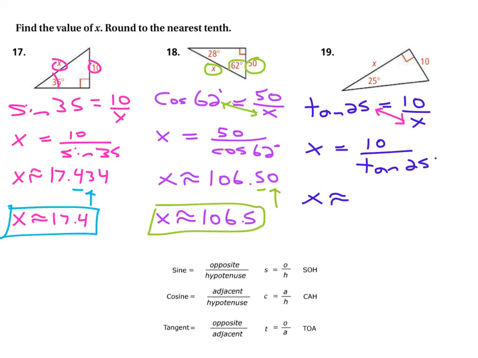Okay, so x is then approximately equal to, type it in the calculator, 10 divided by tangent button, parentheses open, we type 25 and close the parentheses, and we hit equals. What we get is approximately 21.4450 something.